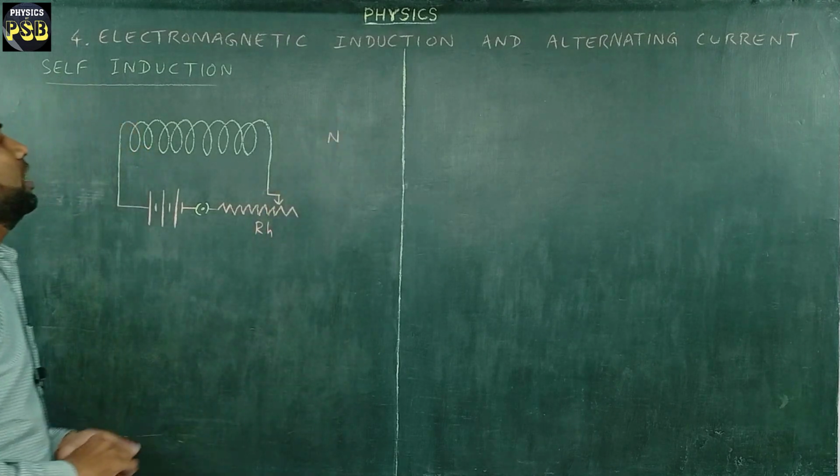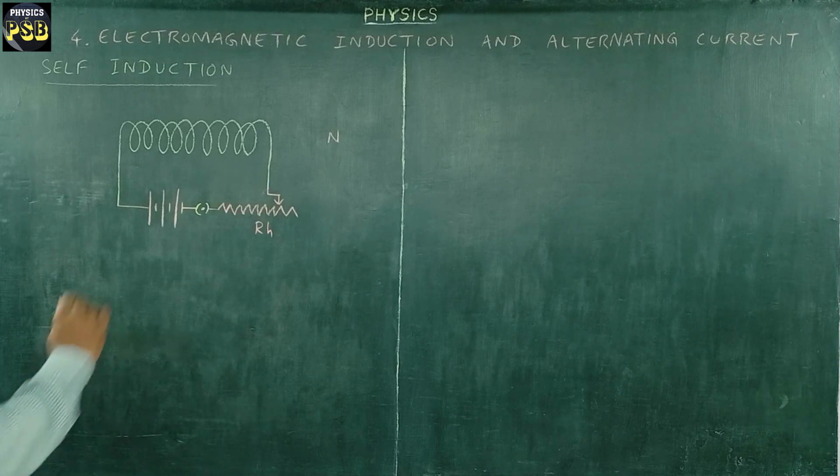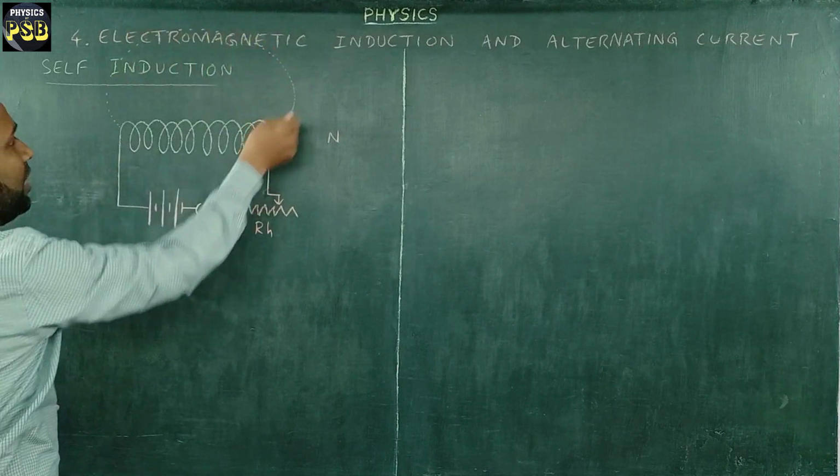Now suppose I pass current through this coil. By doing so, what happens? It produces a magnetic field around it. This magnetic field will appear something like this. It will have magnetic field lines.